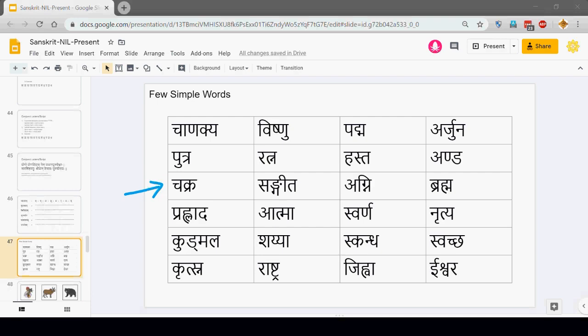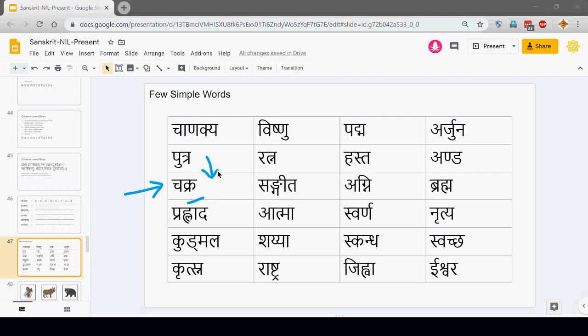Chakra. Yeah, chakra. So again, because it's an oblique line at the bottom, this ka, ra is following here. So ka is half, ra is later. Top to bottom will remain the sequence of pronunciation, but the top one is a consonant only, no vowel.